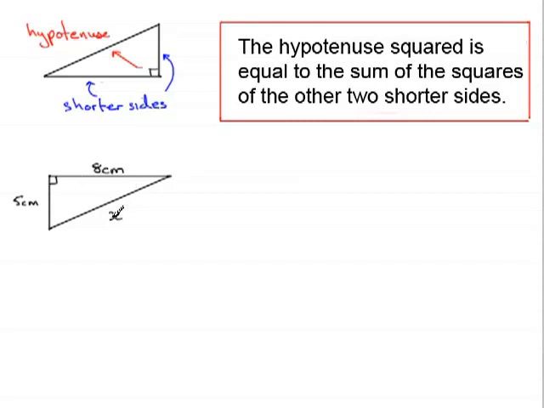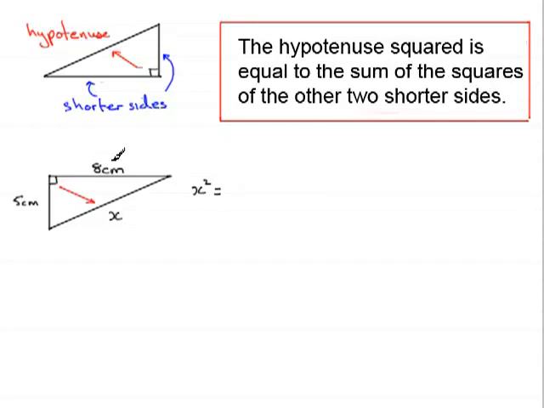Now, this side here is the hypotenuse because it is opposite the right angle. And according to Pythagoras' theorem, the hypotenuse squared, so let's just write that in, that's x squared, is equal to the sum of the squares of the other two shorter sides.